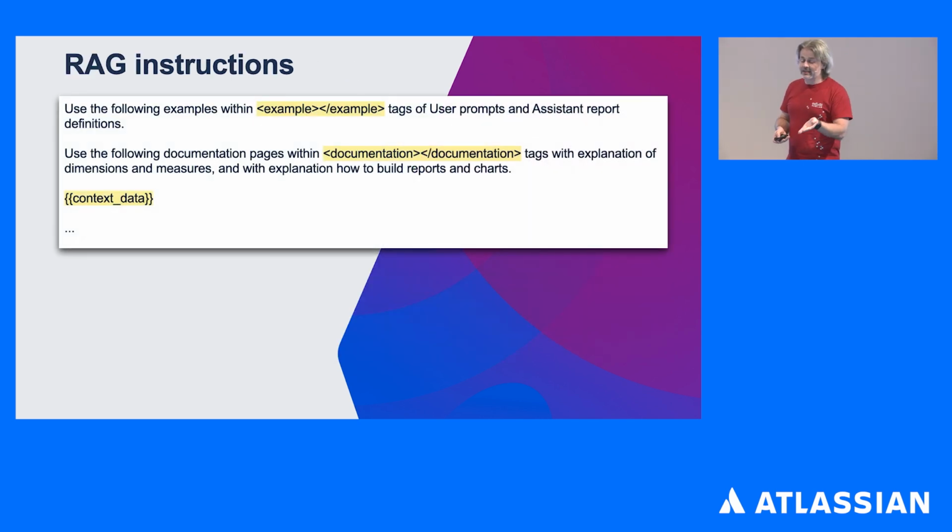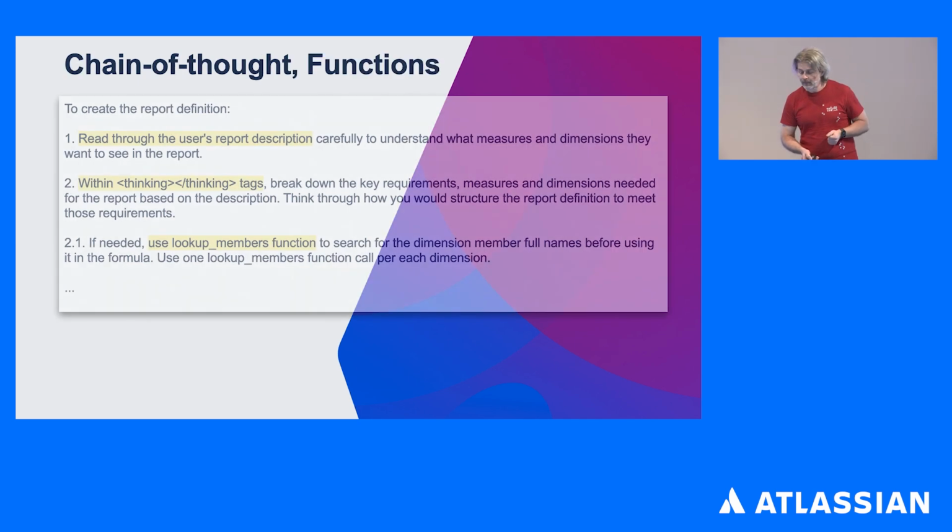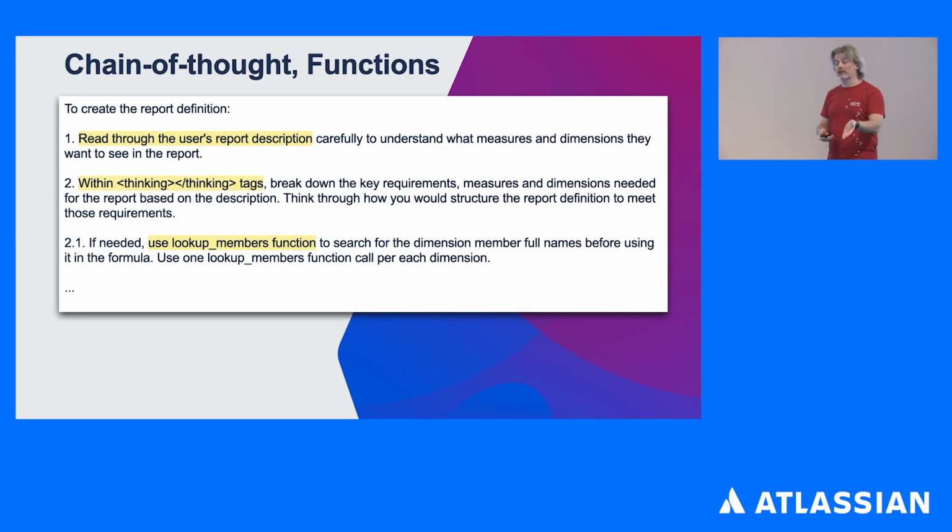And then, as I mentioned, we use this retrieval augmented generation, and we inject examples enclosed within these example tags, or we inject documentation page fragments within these documentation tags. We also suggest this chain of thought, how they should review the user's report description.